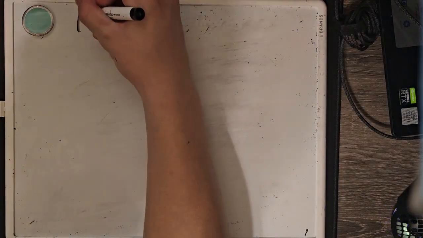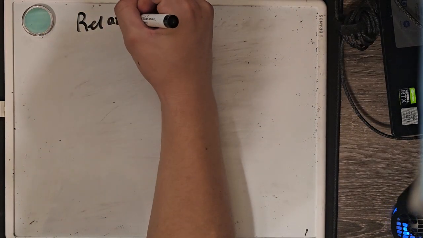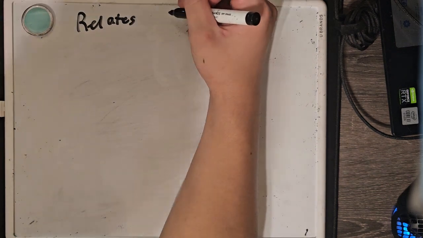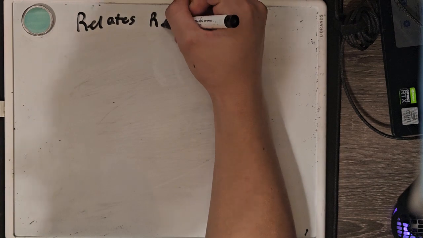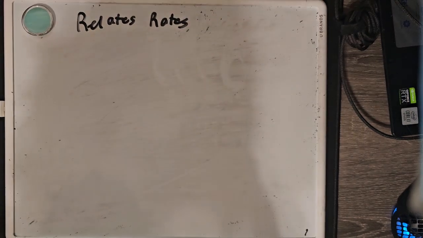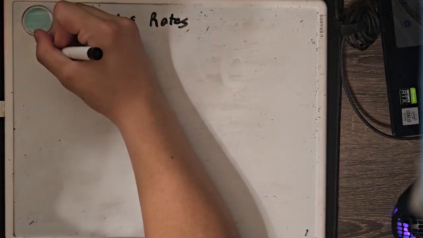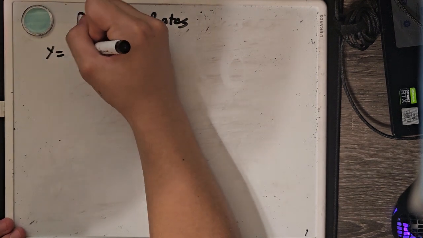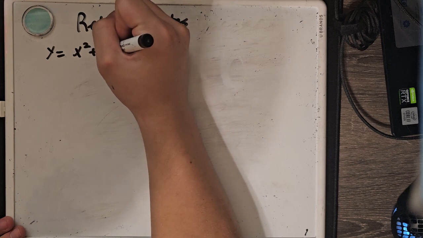Related rates typically deals with the derivative with respect to time, or how it changes with another derivative. Say we have the equation y equals x squared plus 2.